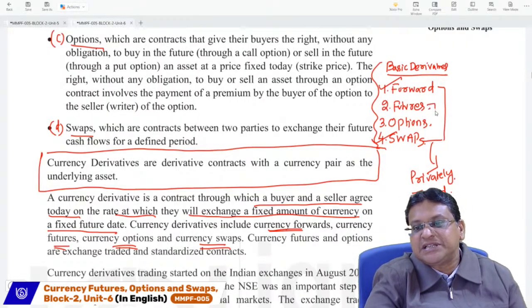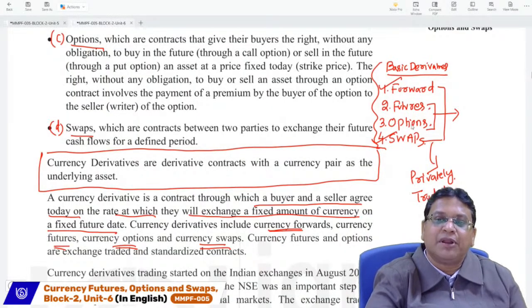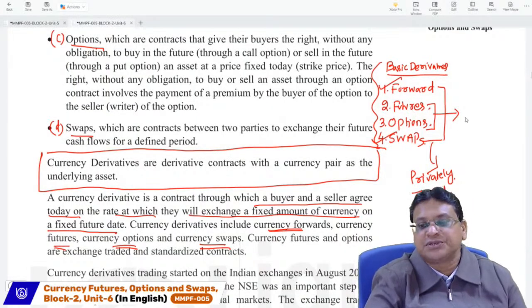What is available in the market are futures and options, which are normally exchange traded contracts.